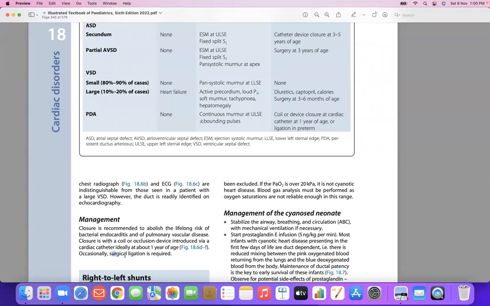Occasionally, surgical ligation is required. So first is medical management. If failed, they can go for coil occlusion. If still failed, they will go for surgical ligation.